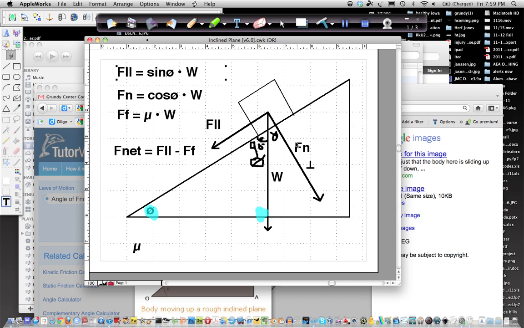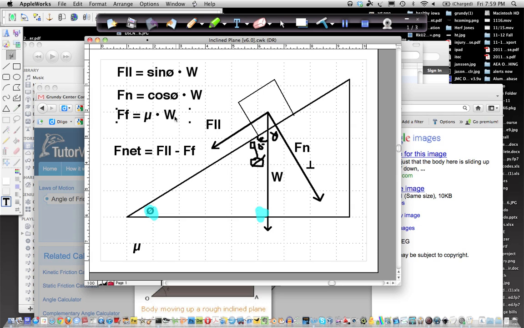Cosine is the adjacent side over the hypotenuse. Here's theta, here's the opposite side, which is force parallel, and here's the adjacent, which is force normal, or the perpendicular force. So cosine of that equals Fn.